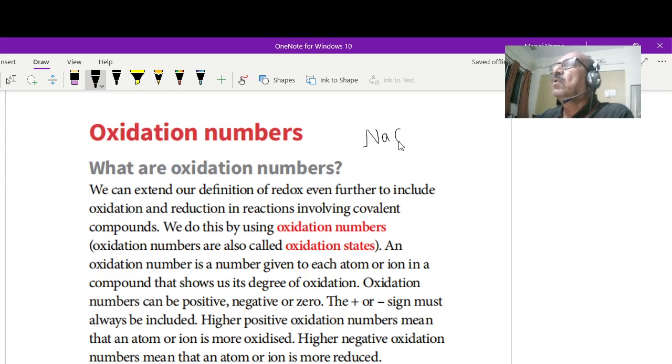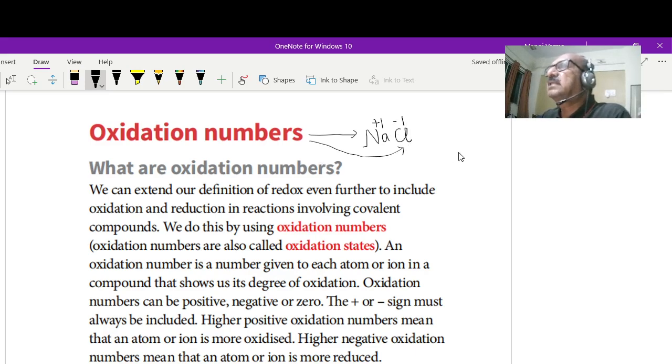You already know that Na has a +1 charge and Cl has a -1 charge. The other way of saying this is that the oxidation number of sodium is +1 and the oxidation number of chlorine is -1. So this is the charge that you see, that is the oxidation number.